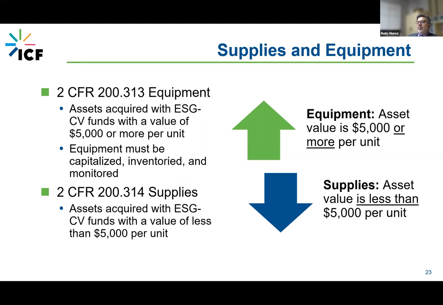For more detailed information on equipment, I refer you to 2 CFR Part 200, subsection 313, and subsection 314 for supplies. These two sections will provide you with more information on how to manage and dispose equipment or supplies that you may have purchased with the ESG-CV funds.